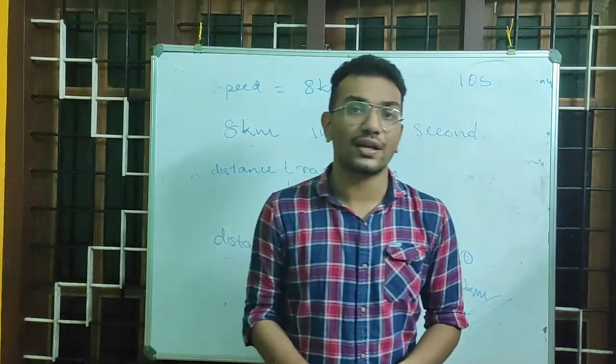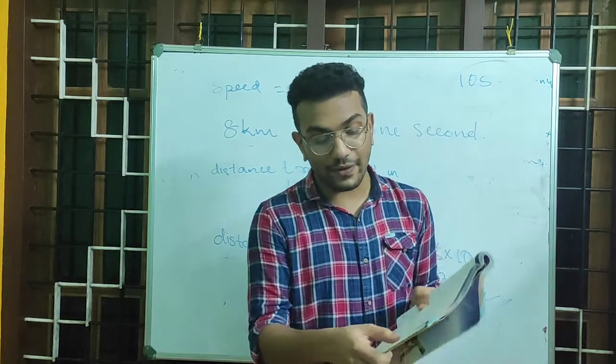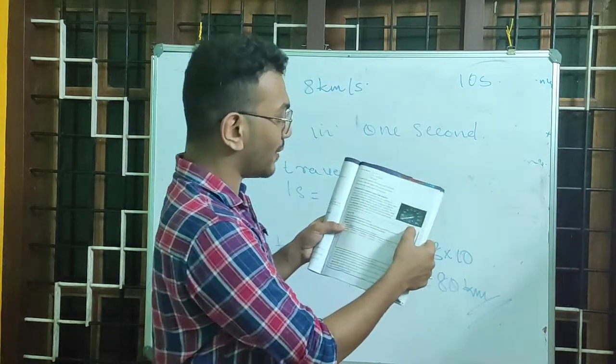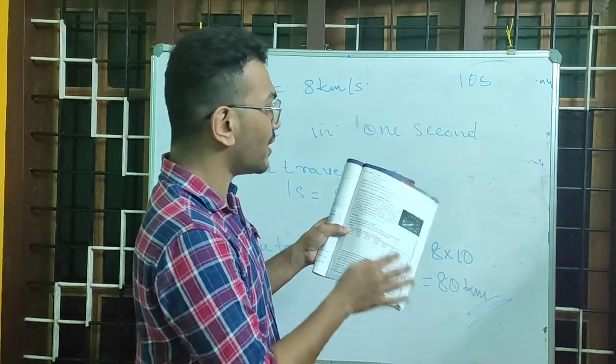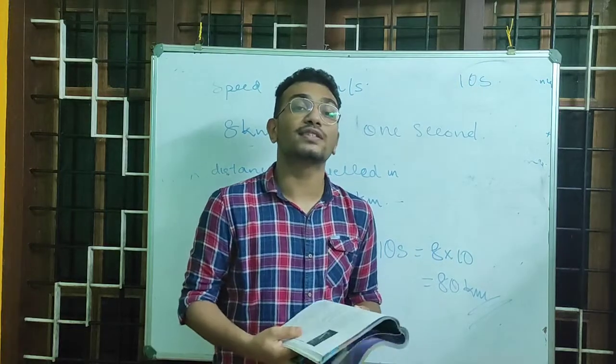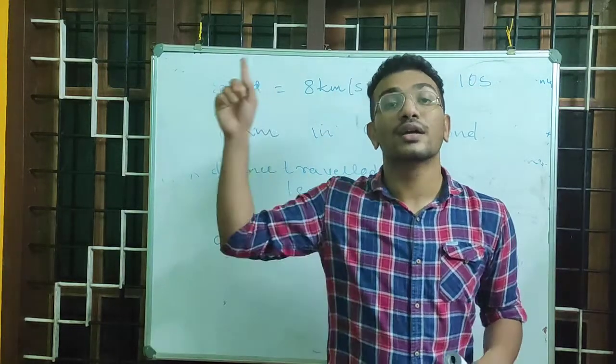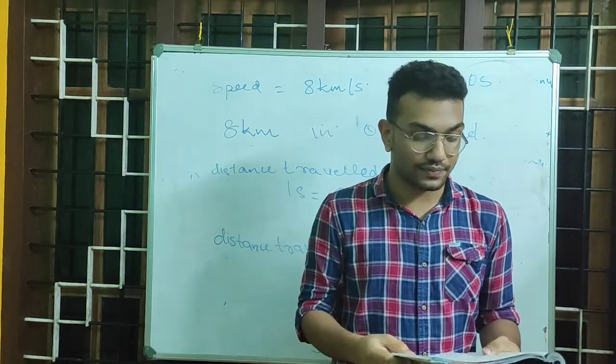Speedometer is an instrument that measures speed. As we can see, figure 12.3, speedometer. All of you take page number 151. The display panel has an instrument called the speedometer, which displays the speed of the vehicle.